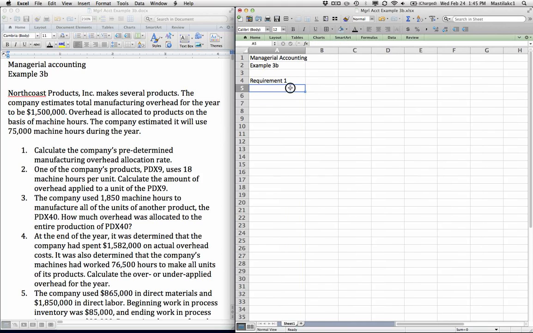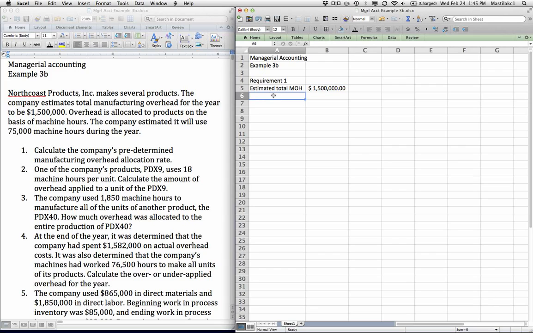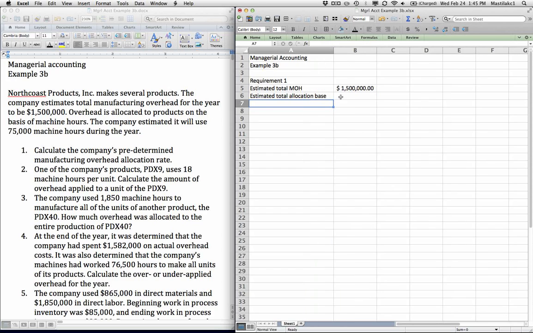So to calculate that, we take the estimated total manufacturing overhead of $1.5 million, and we're going to divide that by the total of the allocation base, the estimated total allocation base, which in this case is given at 75,000 machine hours.